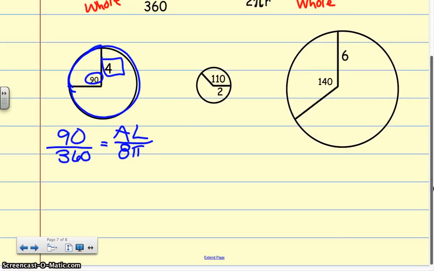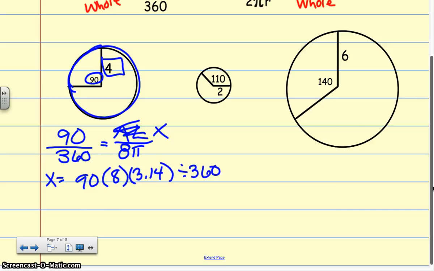Finding my arc length then, I'm just going to call it x. 90 times 8 times 3.14 divided by 360 is 6.28.